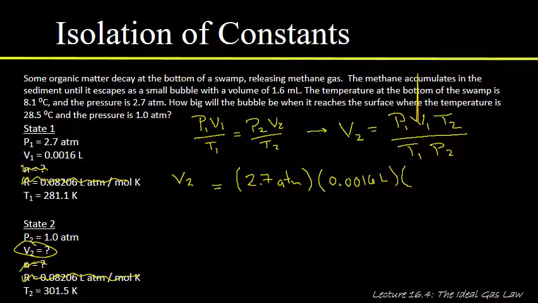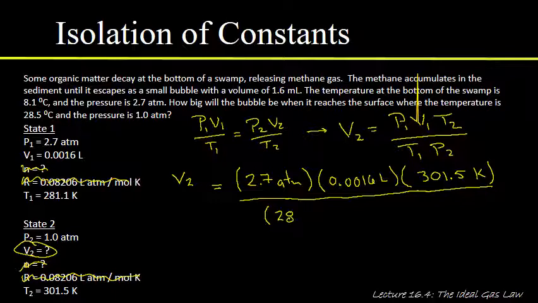We had initial pressure and volume, but final temperature, so again, paying careful attention to the subscript 1s and subscript 2s: 301.5 Kelvin divided by T1, that's our initial temperature, 281.1 Kelvin, and our final pressure, which is 1 atmosphere.